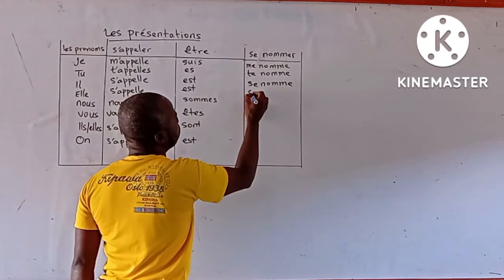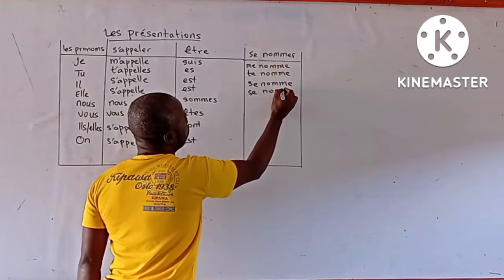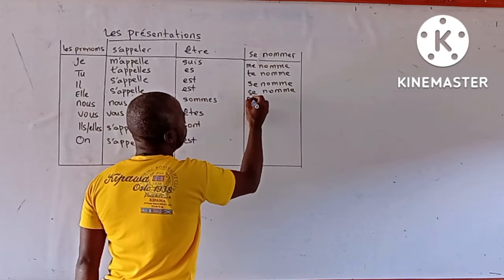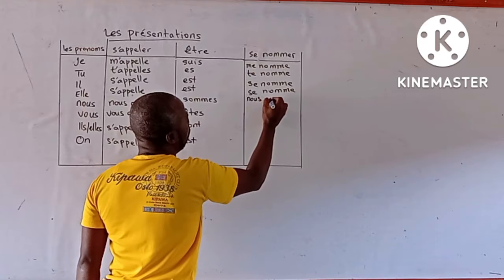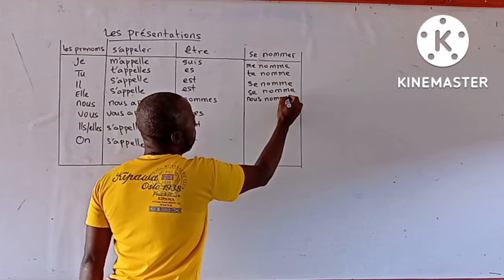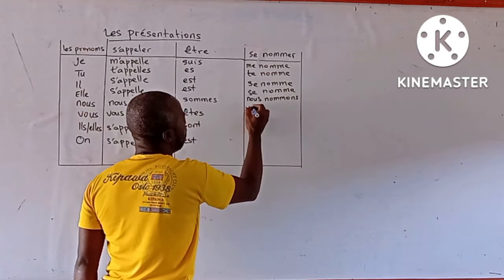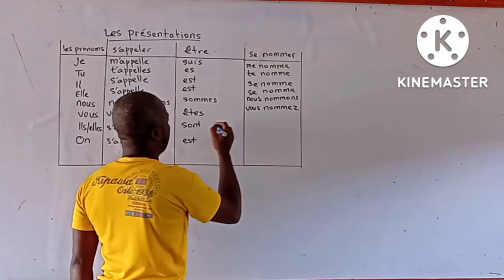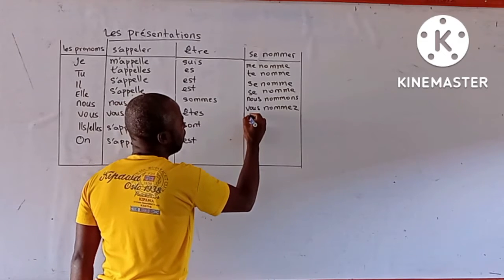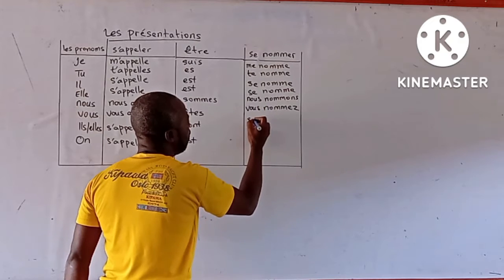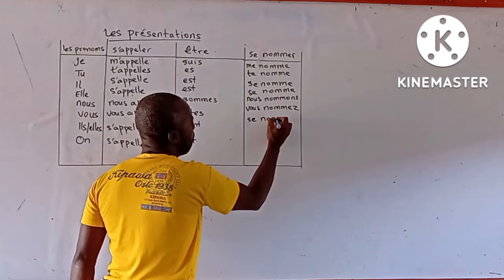Elle se nomme. Nous nous nommons. Vous vous nommez. Then, ils se nomment. Attention.